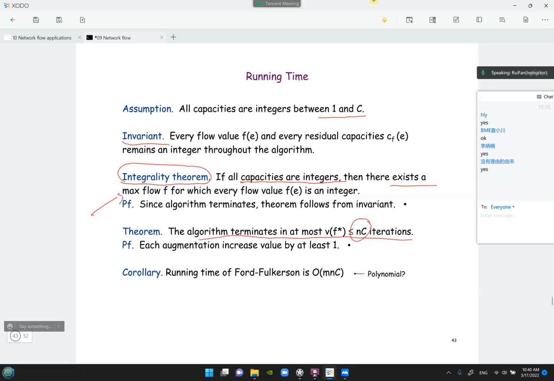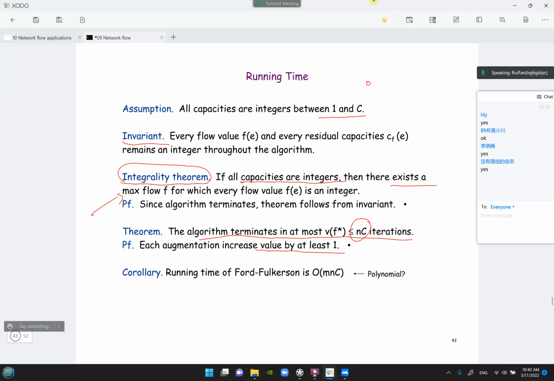So it terminates in at most this number of iterations, where each iteration is you find an augmenting path. The reason this is true is because each augmentation is going to increase your flow value by at least 1. And then your flow value can be at most n times c, right?